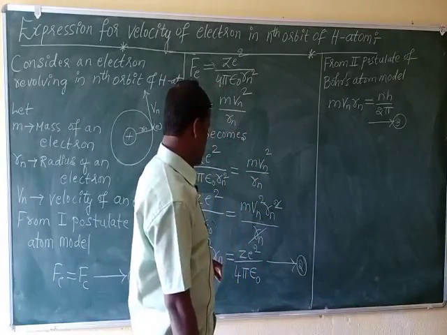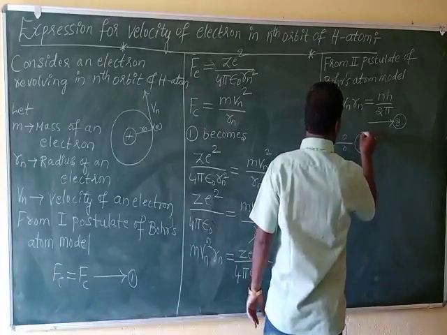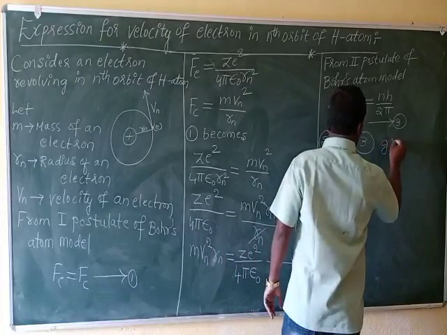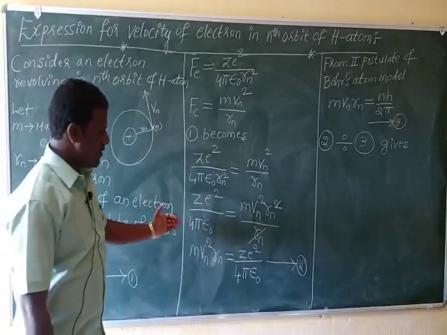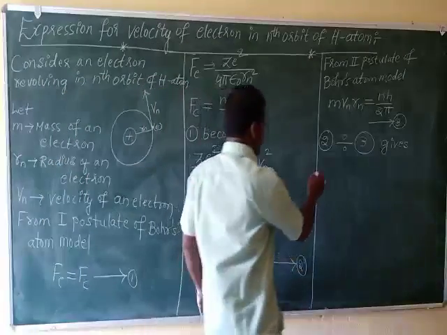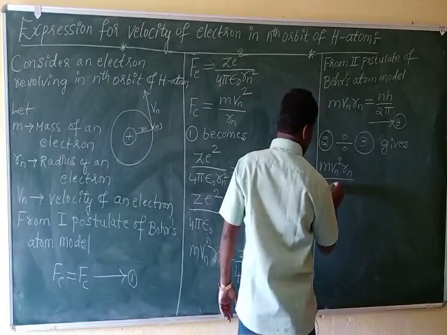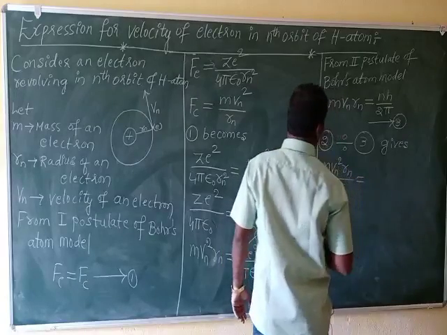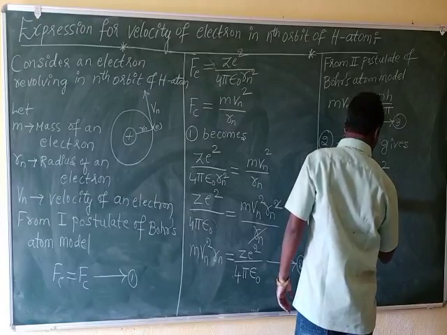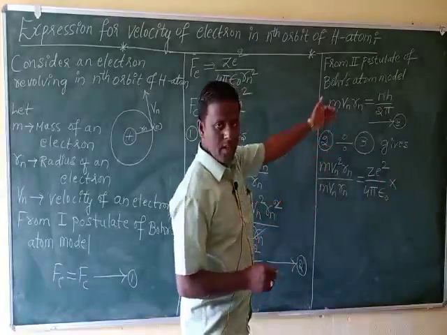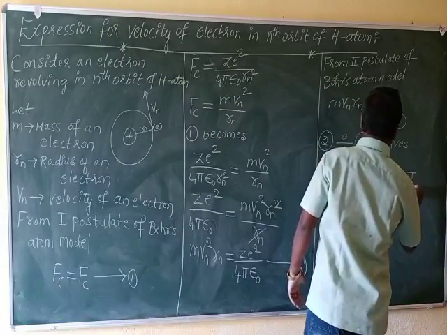So we divide equation number 2 by equation number 3, that is, LHS of equation 2 by LHS of equation 3. m vn square Rn divided by m vn Rn equals Z square by 4 pi epsilon naught into 2 pi by nh.